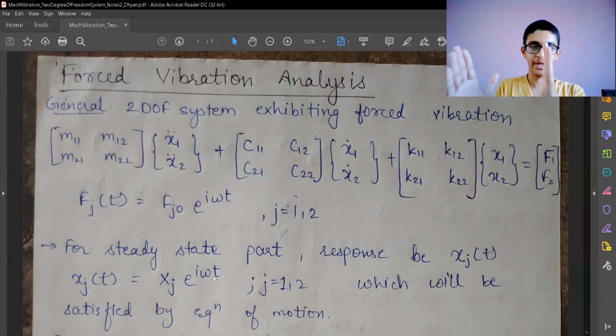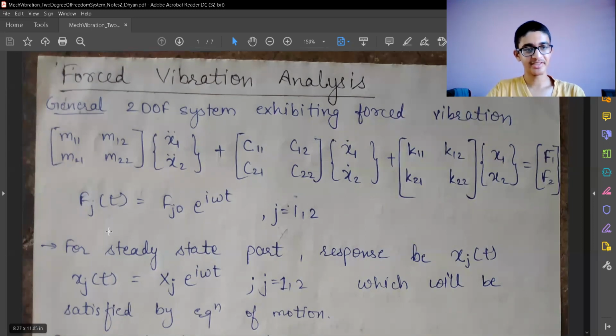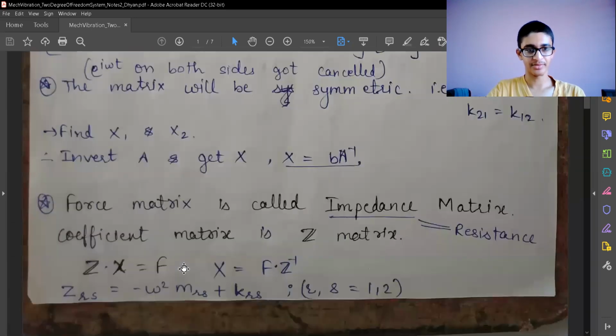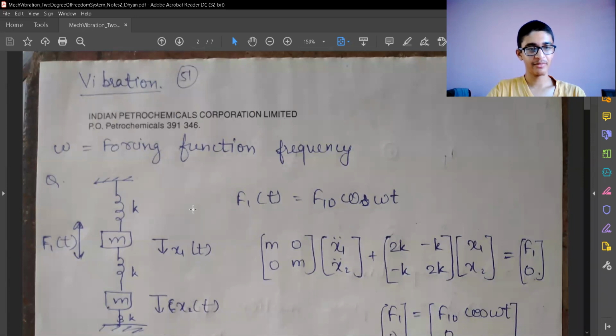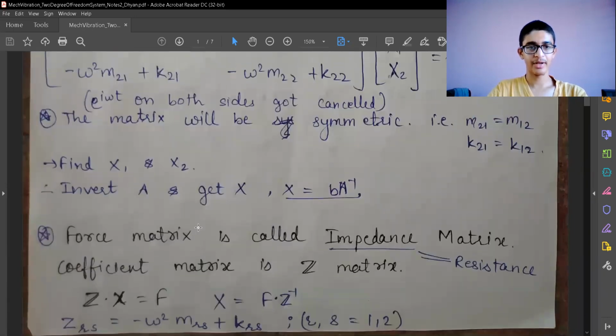But when we come to the main part, which is the steady state part, the frequency of oscillation of the system will be the same as the frequency of the forcing function. The forcing function has omega frequency, and that is the same frequency of my oscillations also. So in the next video, we'll look at some numerical examples to have a better understanding of the process of solving these equations.